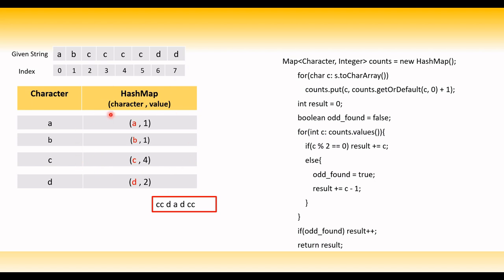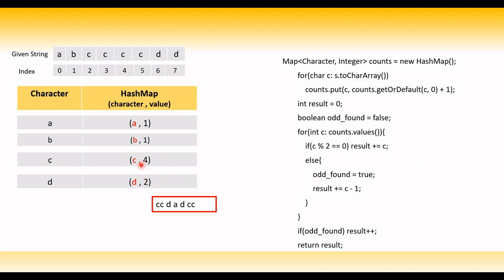Now we have the count of the number of occurrences of individual characters. Now it will be very straightforward for us to build the palindrome. How can we build that? Again, the same logic. We will divide the number of occurrences by 2, and if the remainder is 0, then we can add its count value as it is for an even number.